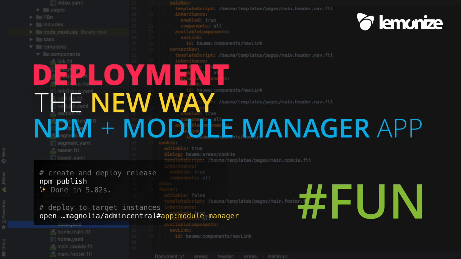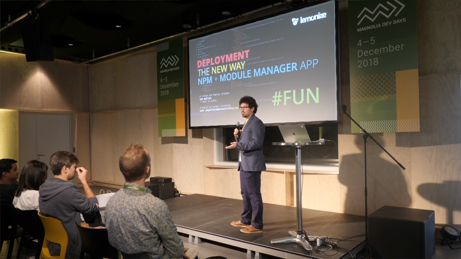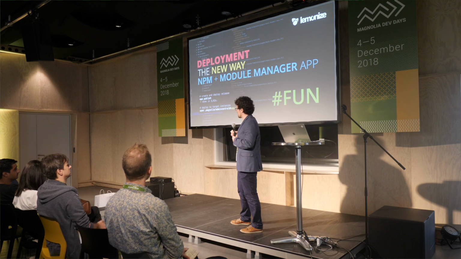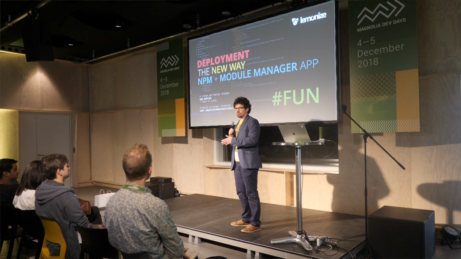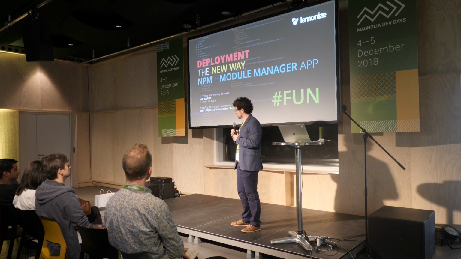So what I want to show you is our new approach that we are prototyping with. It's in a very early state. The ingredients are two things: standard NPM, plus a module manager module. This means that we do our light module releases using NPM, publish them to a Nexus repository, and deploy a specific version of the bundle to the production system.